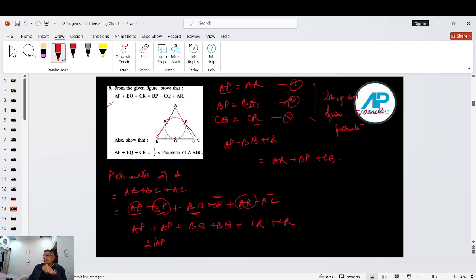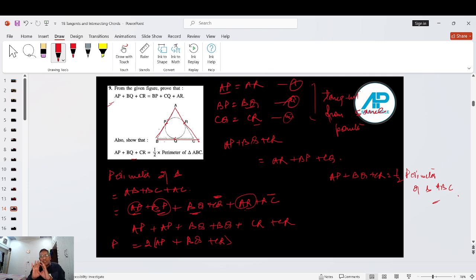Twice of AP plus BQ plus CR equals the perimeter. So you get AP plus BQ plus CR equals 1 upon 2 the perimeter of triangle ABC.